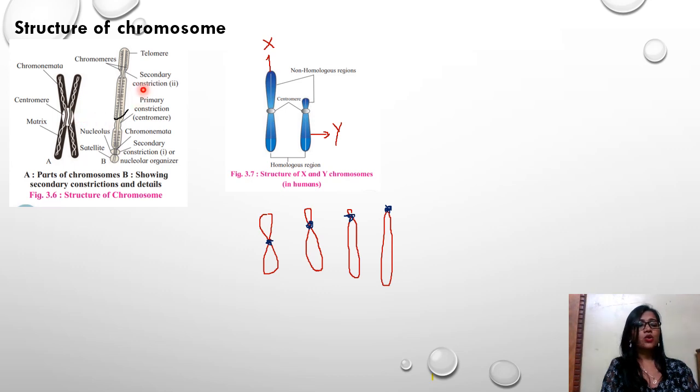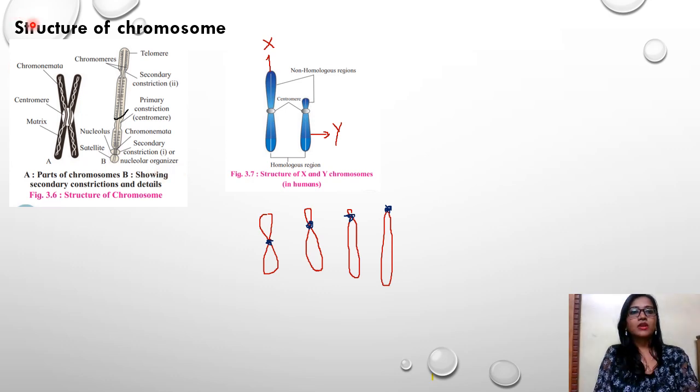Secondary constrictions are also found on the chromosome. These secondary constrictions are the nucleolar organizers, also called nuclear organizers, and they are known as nucleolar organizers because they form the nucleolus.